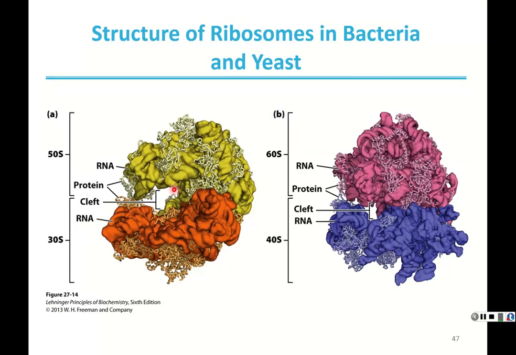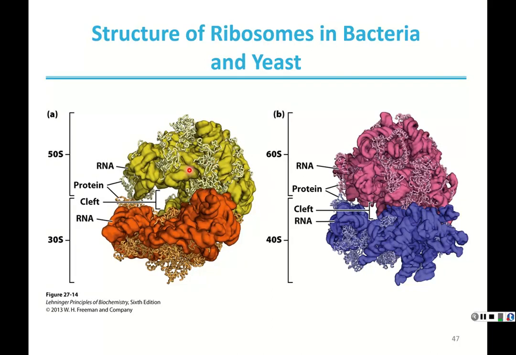This is a picture that illustrates the differences between the bacteria and yeast ribosome. Here's the bacteria, with the 50S subunit and the 30S subunit, and the rRNA is shown in this filled-in model and the protein in this wire model.